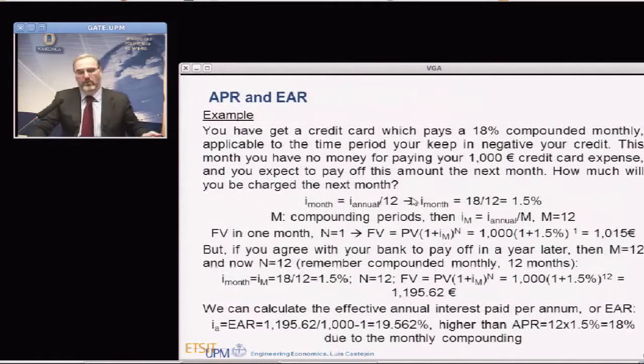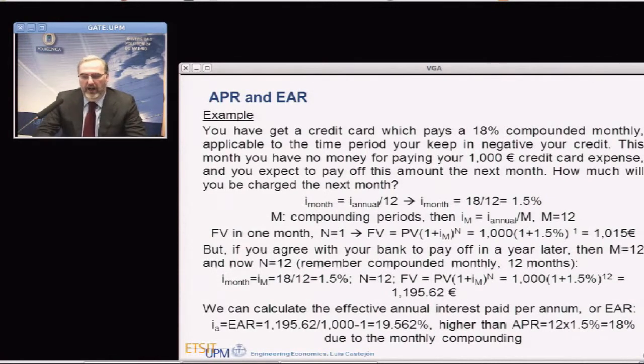Let's see an example. You have a credit card, and this credit card charges 18% compounded monthly, applicable to the time period you keep your credit in negative. So what does it mean?